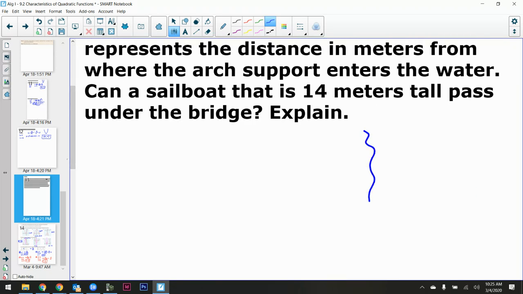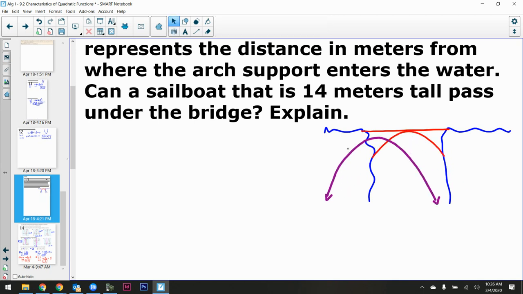So here's some land here, here's some land here, and here's a bridge going across, and here is the arched support of the bridge. Pretty good diagram, don't you think? Take a look at this. Doesn't that look like a parabola? Whoa.